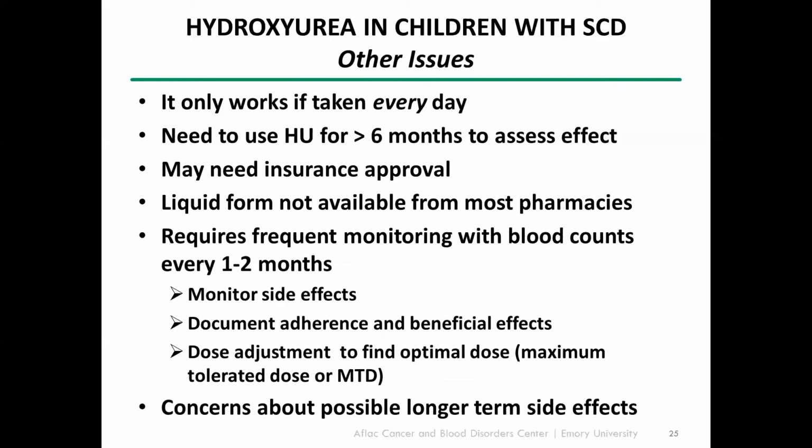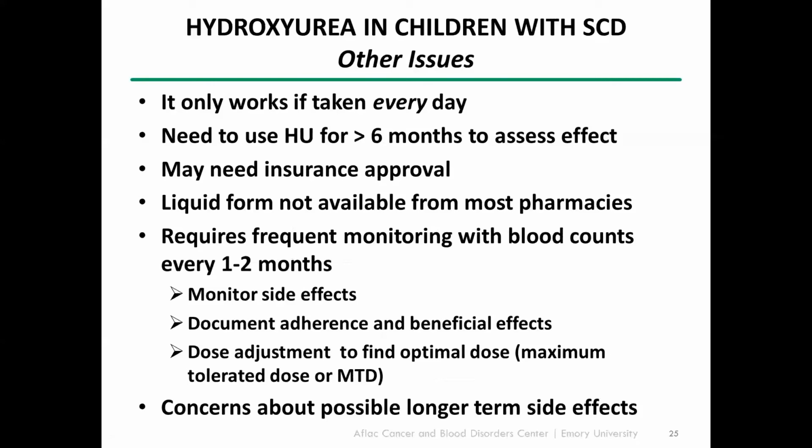We have to monitor to be sure that the person is taking the medicine every day and that they're beginning to have the beneficial effects on the blood. And then the other thing is that everyone's different. It turns out that two children who are the same age and perhaps of the same weight, the optimal or ideal dose for those two children can be very different.